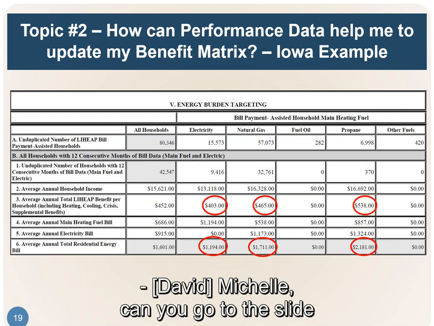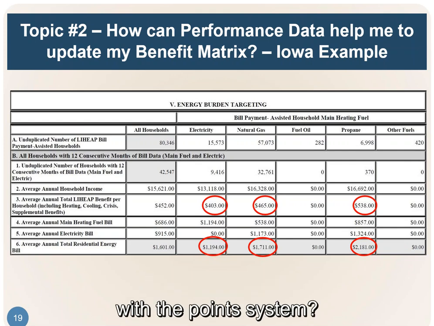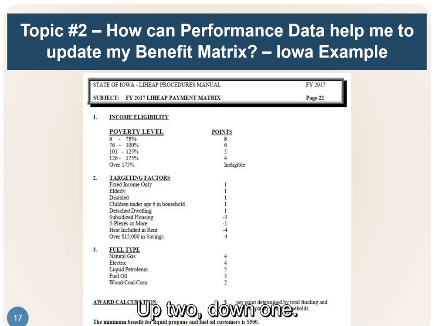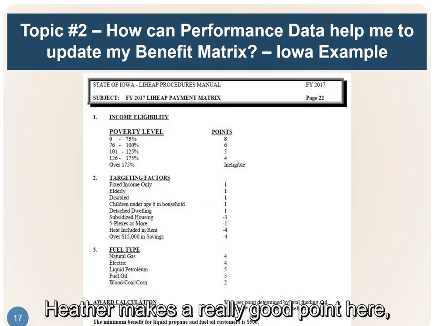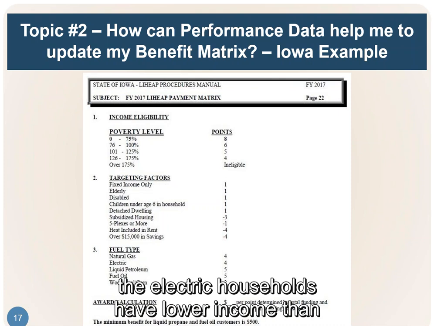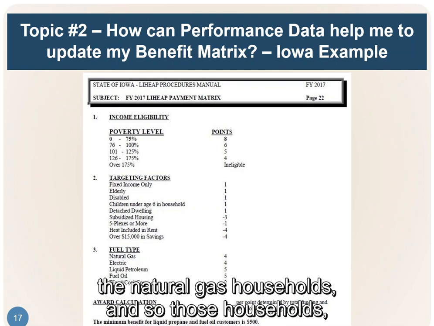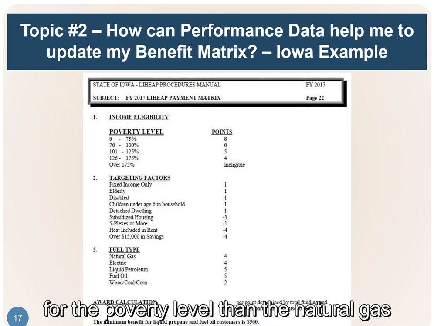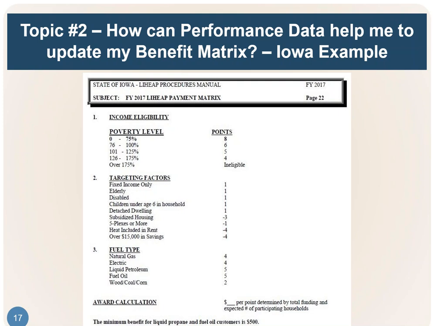Michelle, can you go to the slide with the point system? I think it's just up one. Up two? Down one. There you go. Heather makes a really good point here. The electric households have lower income than the natural gas households, and so those households on average would be getting more points for the poverty level than the natural gas and fuel oil households.